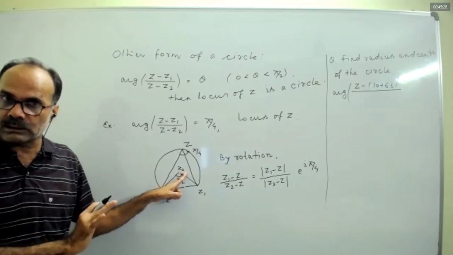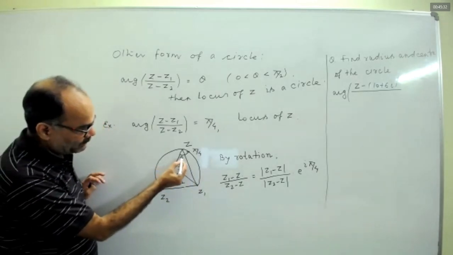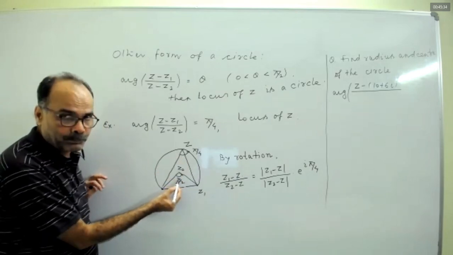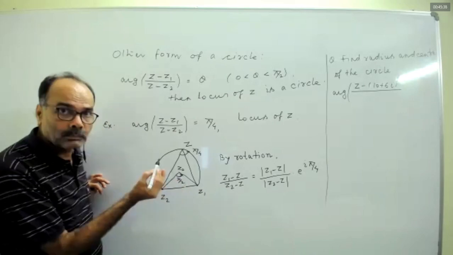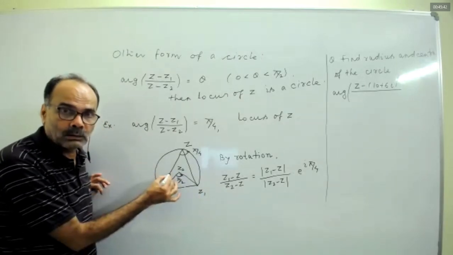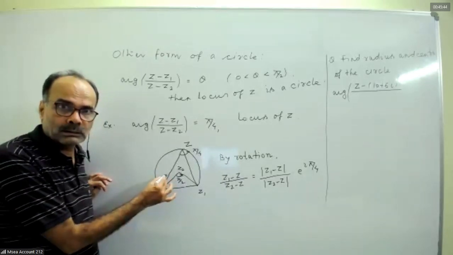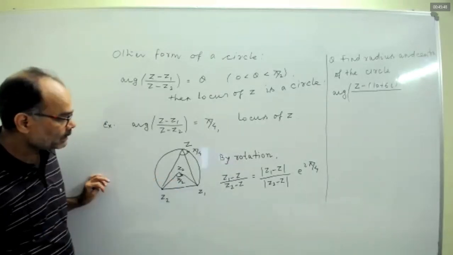Sir, let Z0 be the center again. How to find Z0? This angle is given pi by 4, so this angle will be pi by 2. If you apply rotation about this Z0, everything is known, Z1, Z2 and the angle. The only unknown is Z0. Okay.